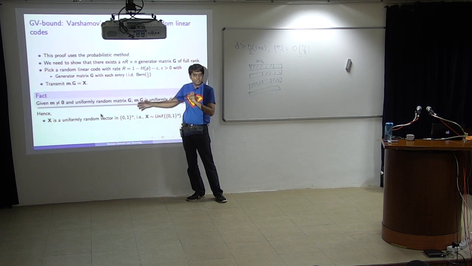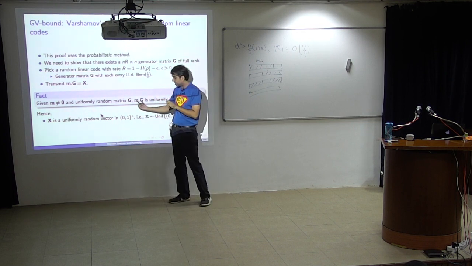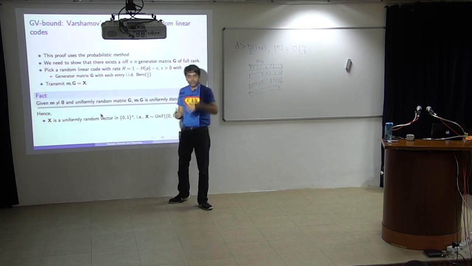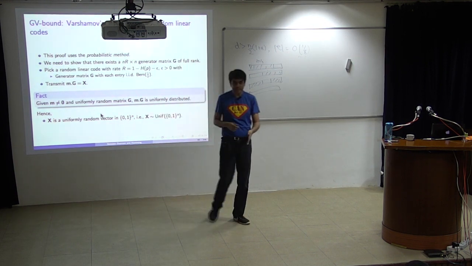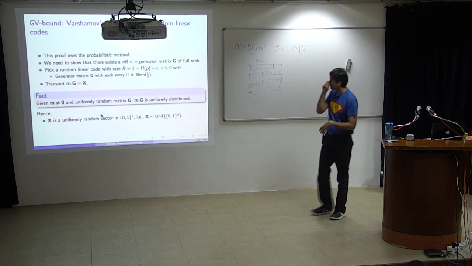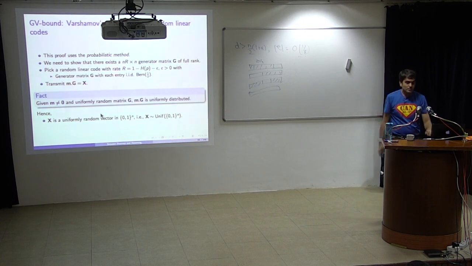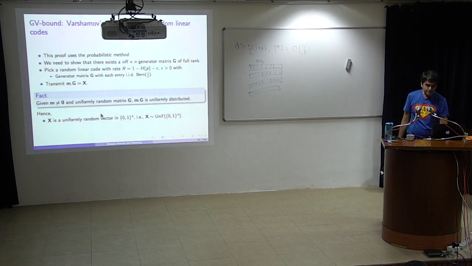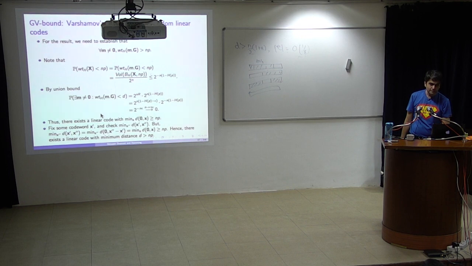So the vector M times G is a uniformly random vector as long as the message is non-zero. This fact will be quite useful in this proof. So the codeword is uniformly random.